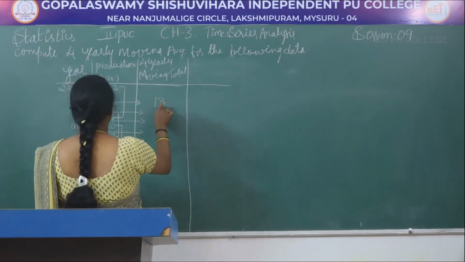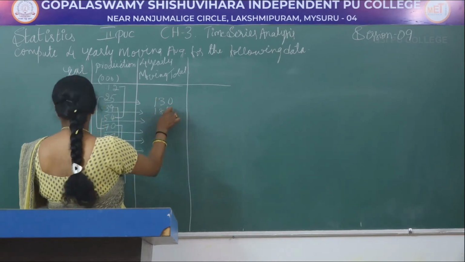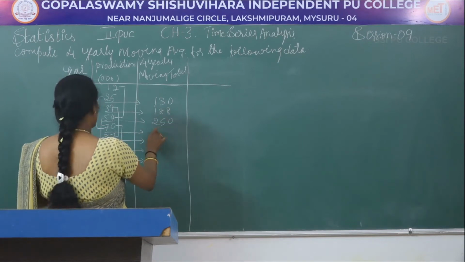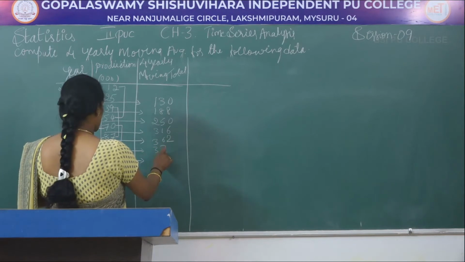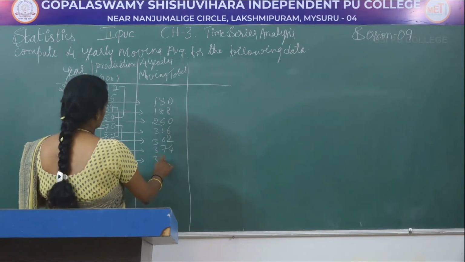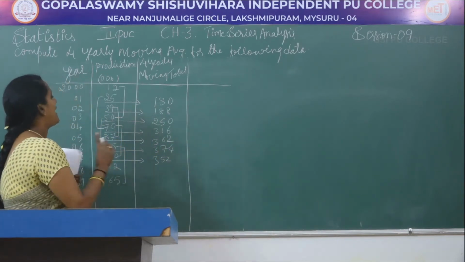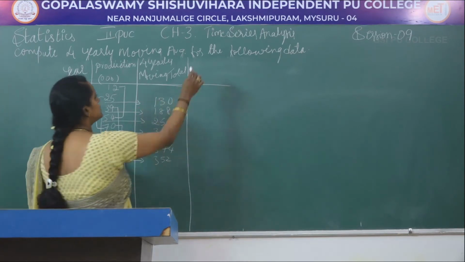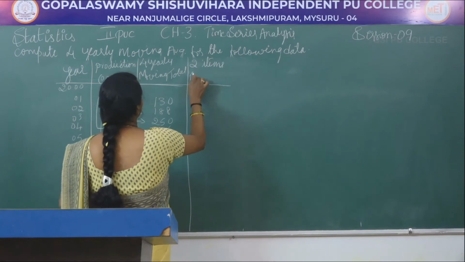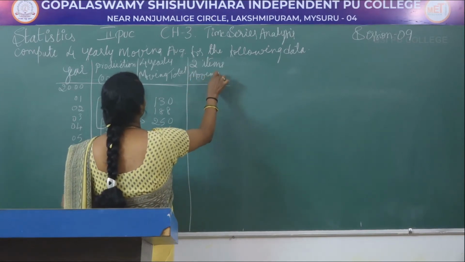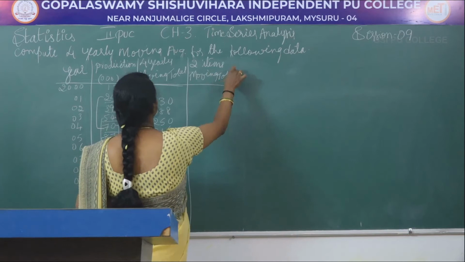It is 130, 188, 250, 316, 362, 374, 352. Okay, this is the total after adding 4 numbers. Next is 2 items moving total.